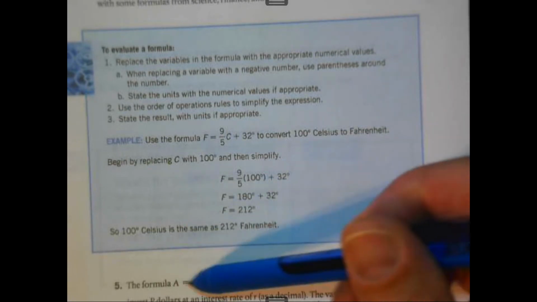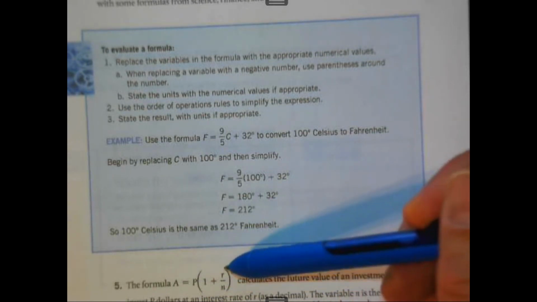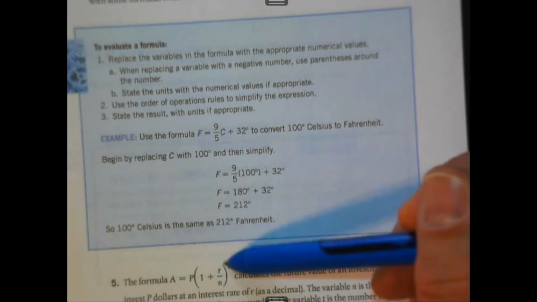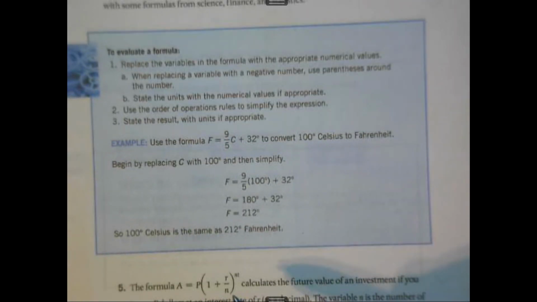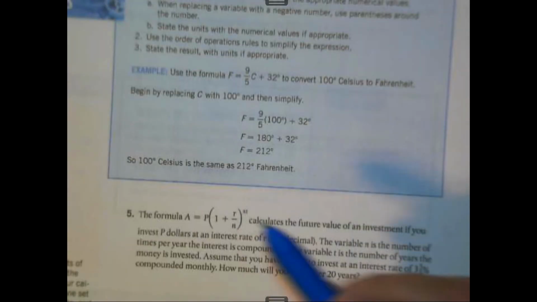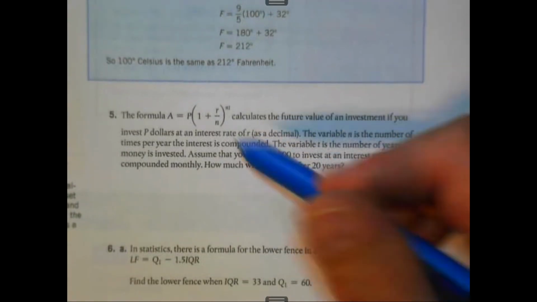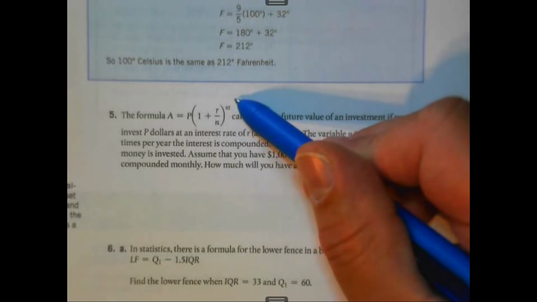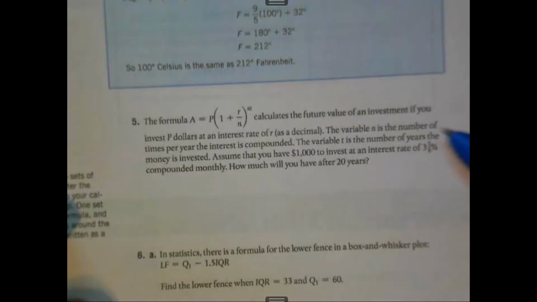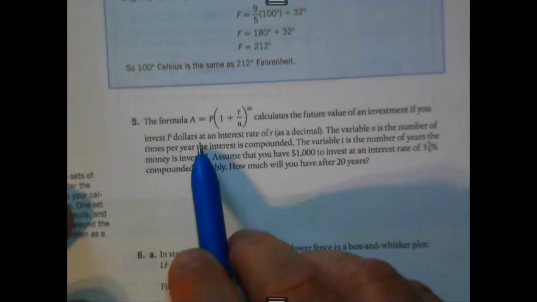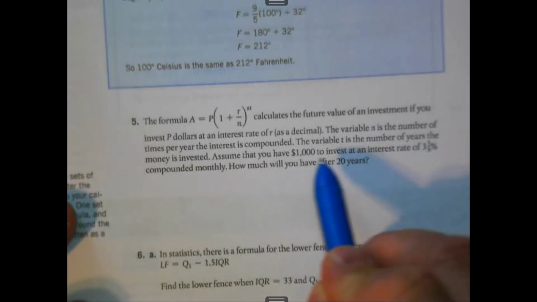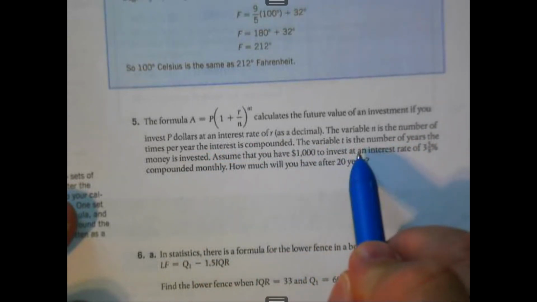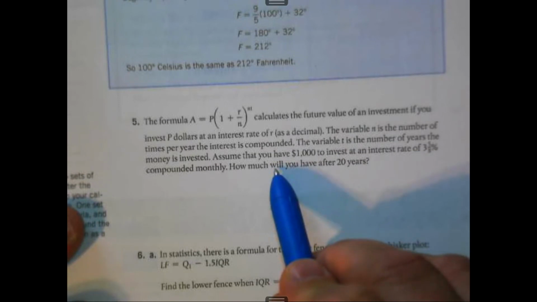So if I look at the formula, A equals P times 1 plus R divided by N to the NT, which, by the way, is compound interest, where N is the number of times per year, T is the actual time, R is the rate, P is the principal. So if I invest P dollars at an interest rate as a decimal, the variable T is the number of years.